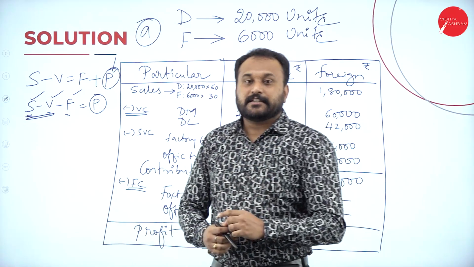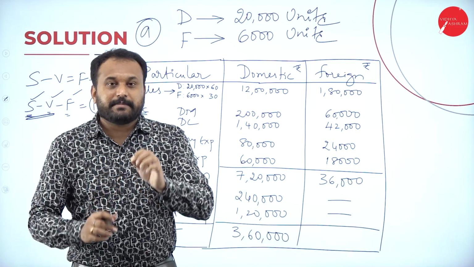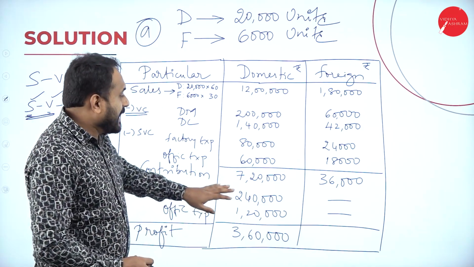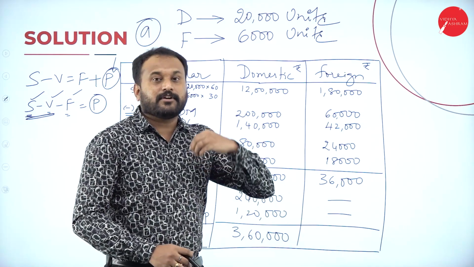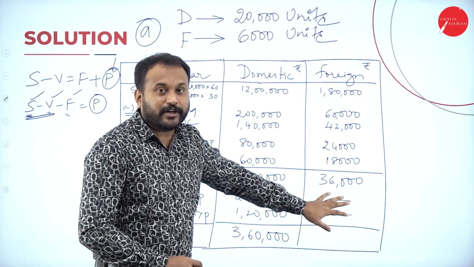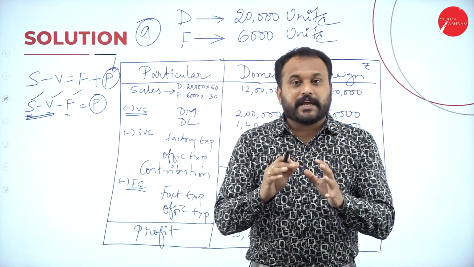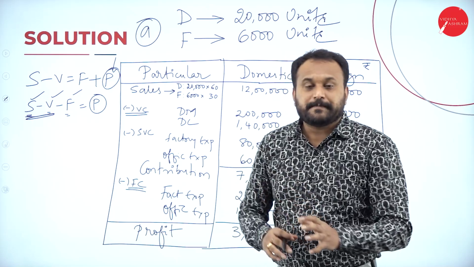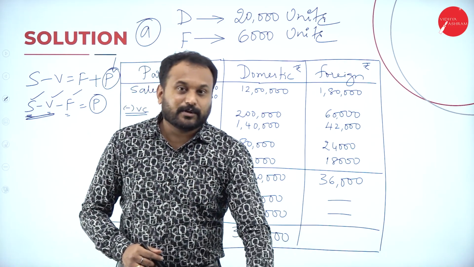Now, understand the fixed cost concept. Total fixed cost remains same. So, whether I manufacture 6,000 of foreign or 10,000 of foreign or 40,000 of foreign or 1 crore of foreign also, I'll not be paying my fixed cost. That's why whenever you go with the foreign order, we are not supposed to include fixed cost. That's why I told you here.